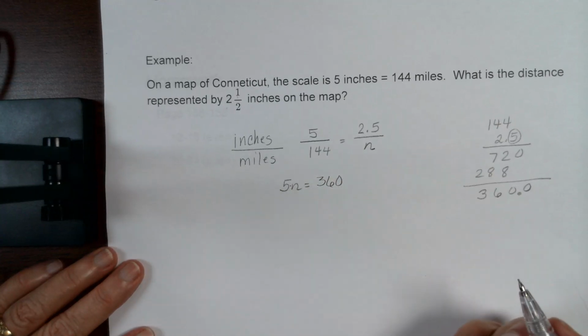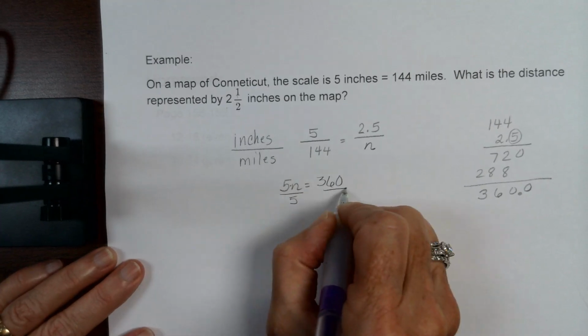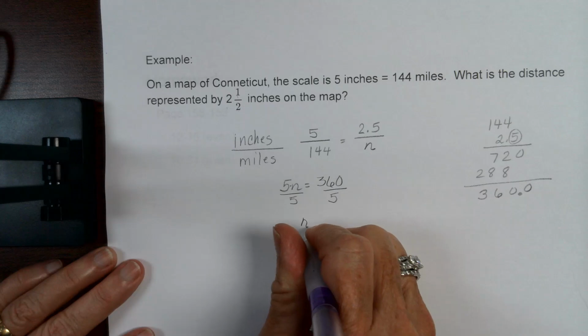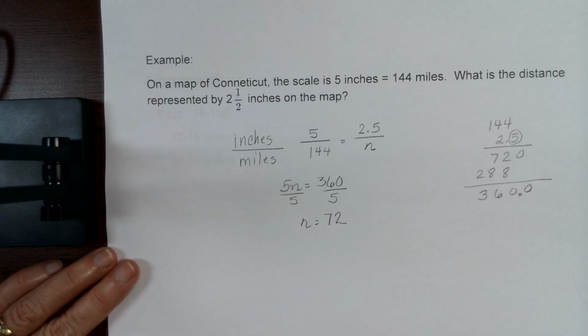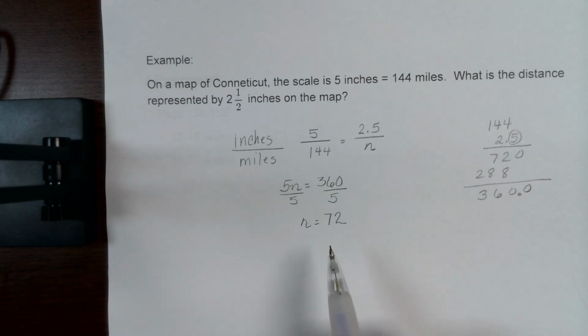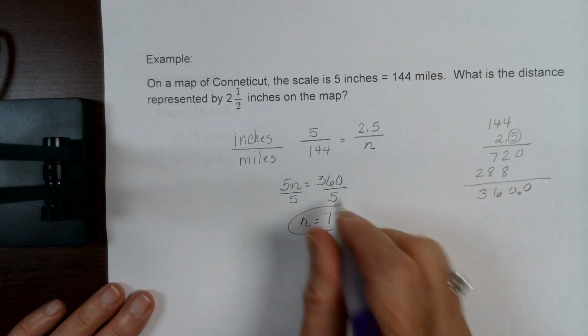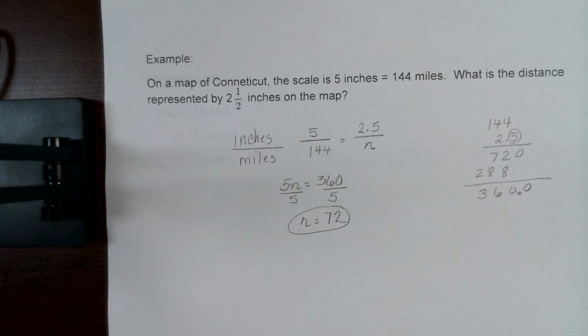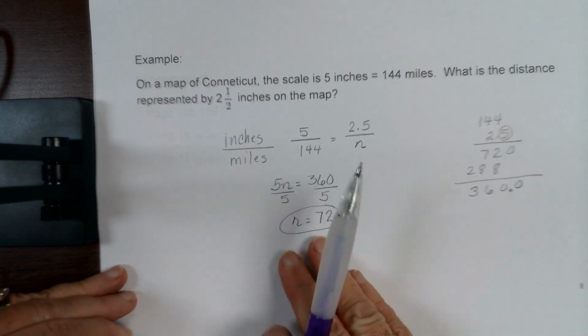The 5 is multiplied by the n, so the way that I get rid of it is I divide. And I'm going to get n is equal to 72. That's right, it goes in there. All right, so what that says is 2.5 inches on the map is the same as 72 miles in actuality, in actual distance.